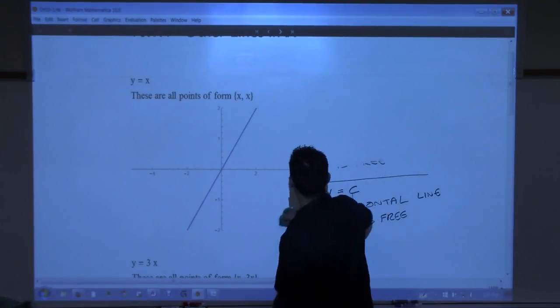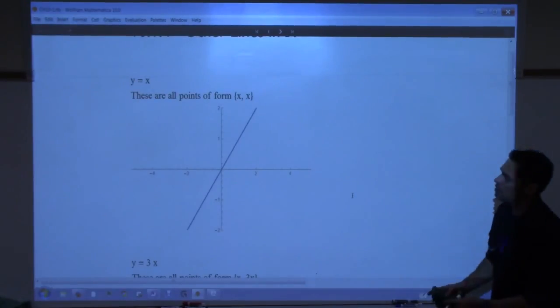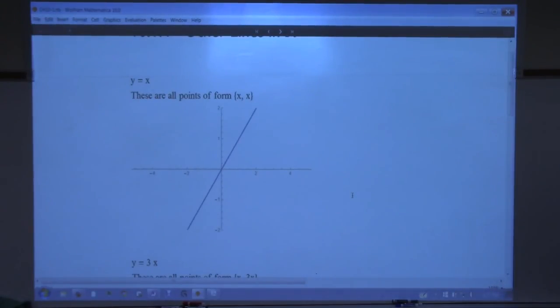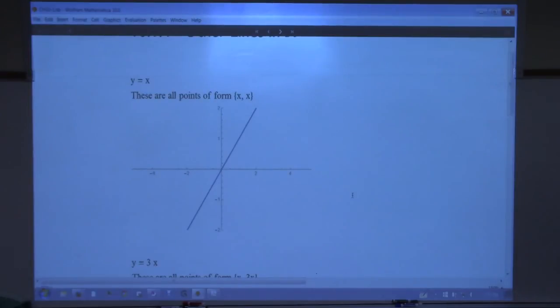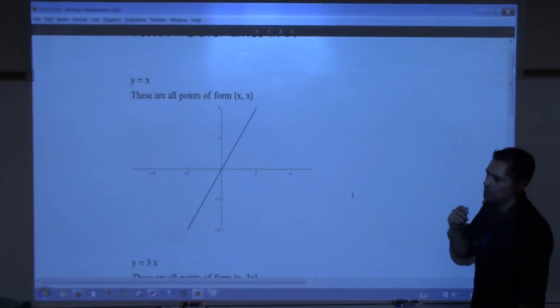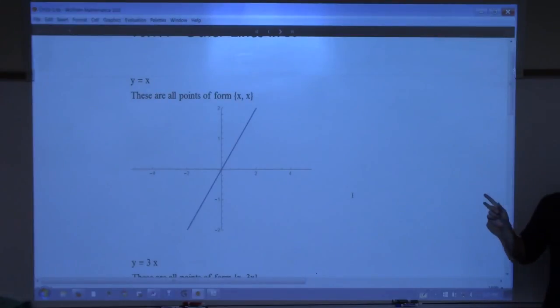What is this line called? Y equals x. Anyone remember what it's called? It is a parent function, but it has a special name. It has a slope of 1, right? No? The identity. This is the identity function.